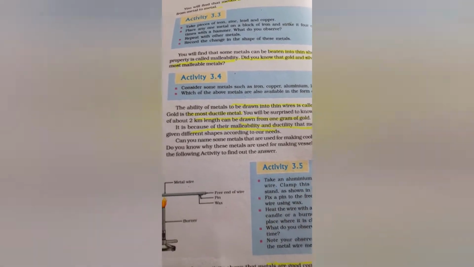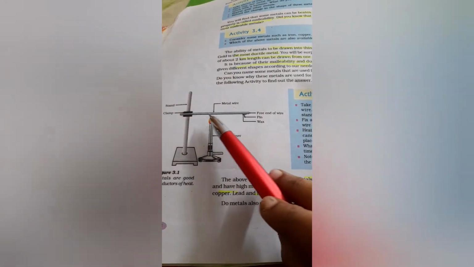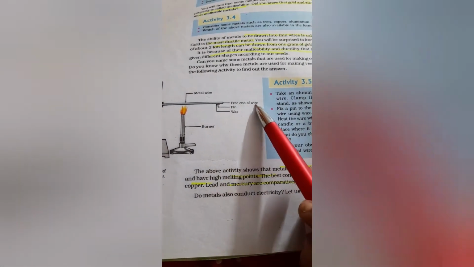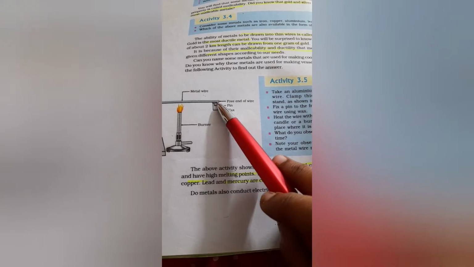Some metals are used for cooking vessels and the like, because metals are good conductors of heat and electricity. Here you have another activity: you take an aluminum or copper wire and clamp it on a stand, and you keep a pin on the free end of the wire, using a piece of wax to fix it.